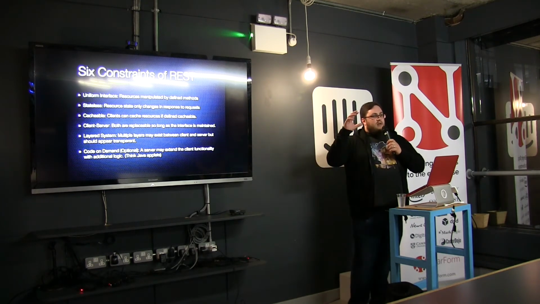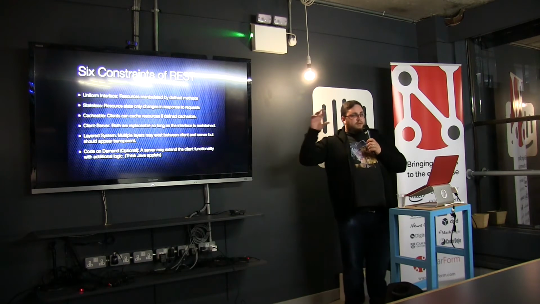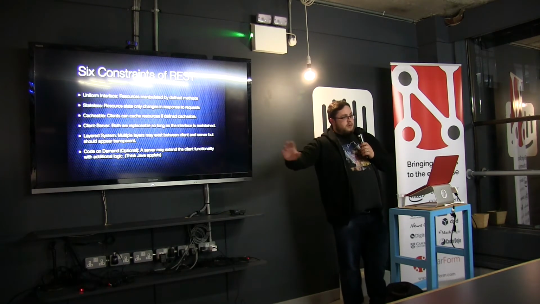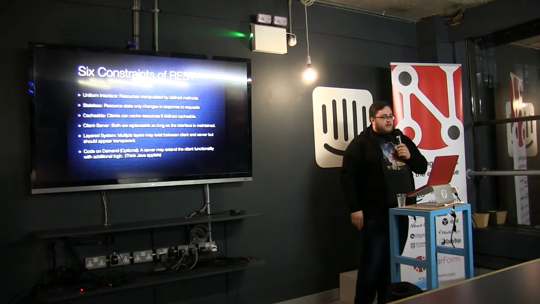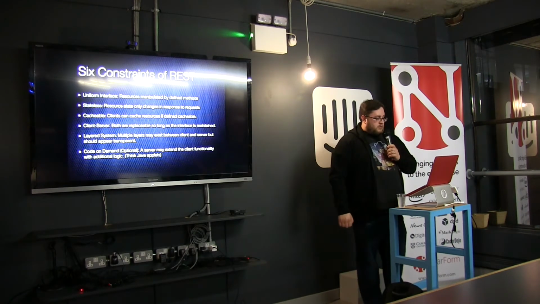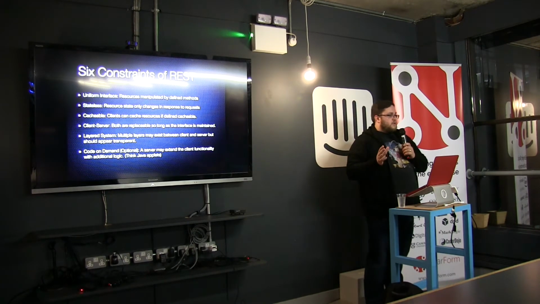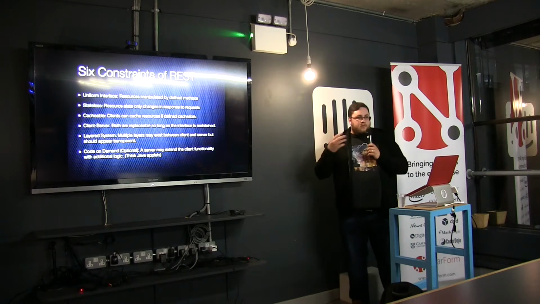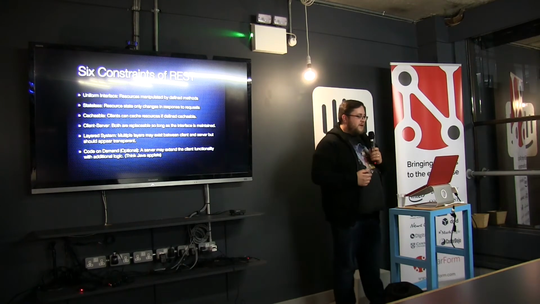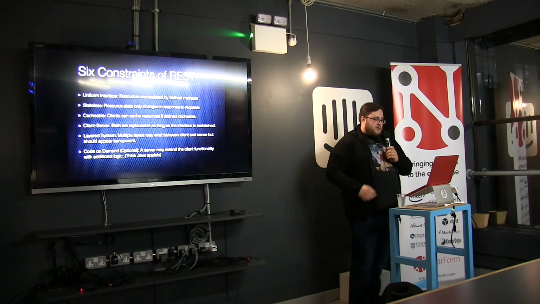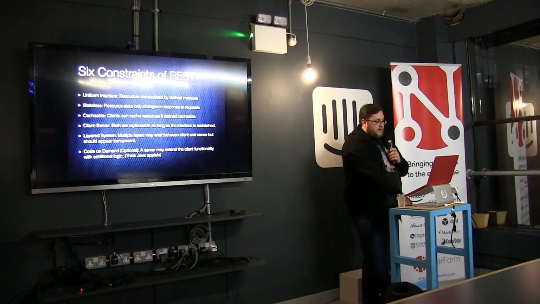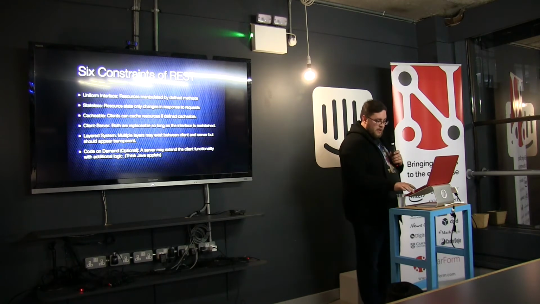The conversation of get and post and the resources are going to look the same. They should look transparent. The last one, now this was written in 2000, so Java applets still roam the earth. We're still plagued by Flash and the rest of it. This is the only optional one he put forward, where a server may extend the client functionality with additional logic. So a server could have a client download an applet, for example.